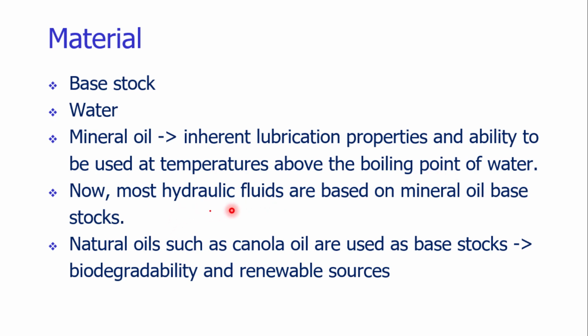So most of the hydraulic fluids are based on the mineral oil as base stocks. Natural oils such as the canola oil can also be used as the base stock. The canola oil or the vegetable oils have the best characteristics as they are biodegradable.